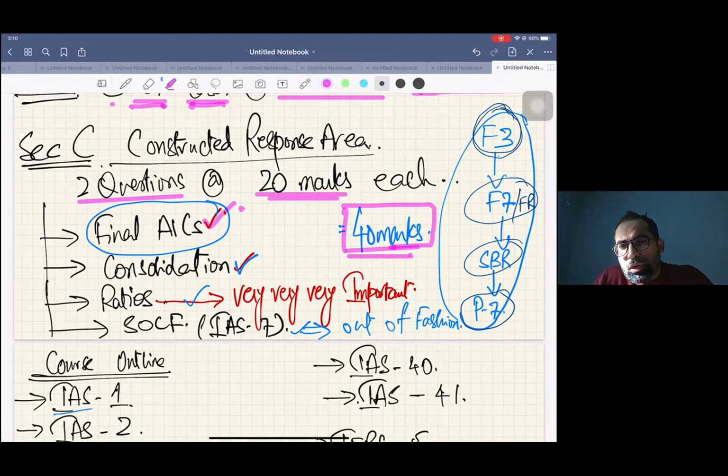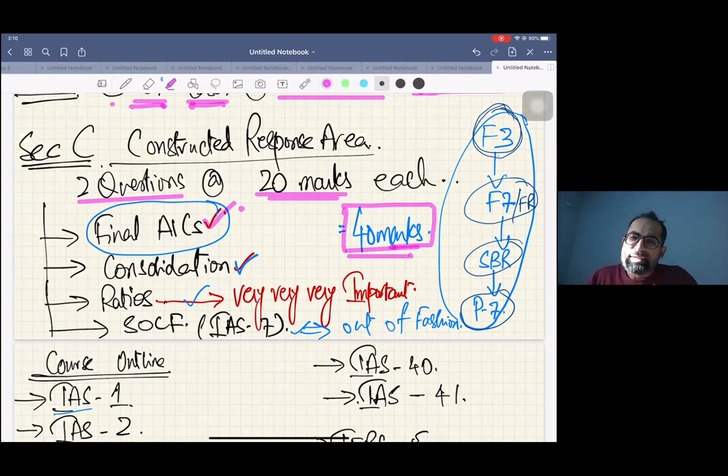Wait, I hope you remember F3 company accounts. In F3, when you were doing the company accounts topic, your teacher used to teach you like this: there is a trial balance given and a few adjustments are given. But to be very honest, in F3 level, the adjustments were very simple.